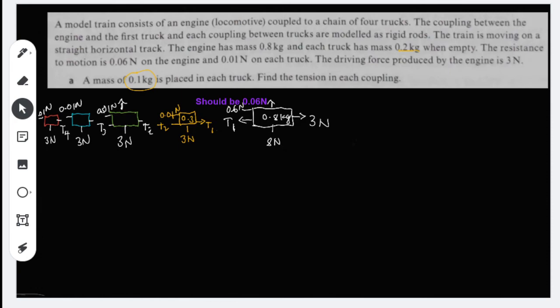Let's use Newton's second law for the system. Remember that Newton's second law doesn't change. F is equal to ma, or the force is equal to the mass times the acceleration.